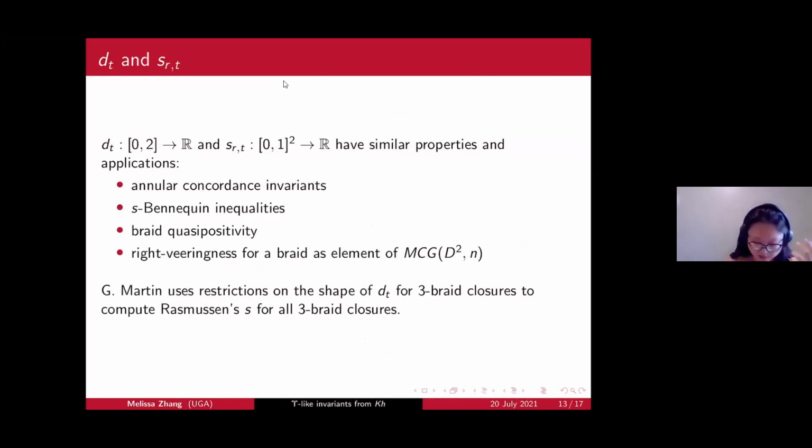You can use these to understand a lot of things that contact topologists care about because it's so good at handling gradings. So I won't go through these, but they're just on the slide in case you're curious about why we wanted these invariants.